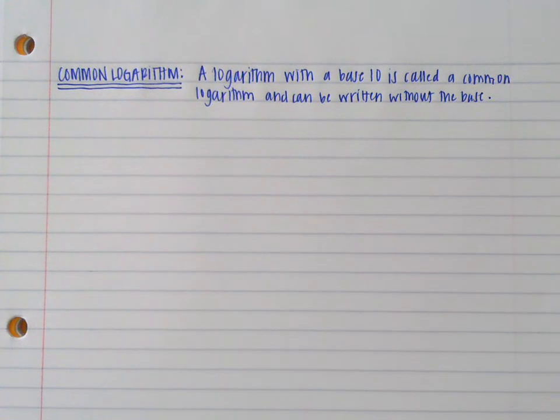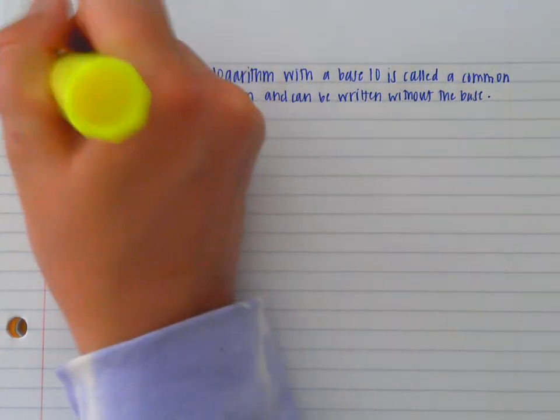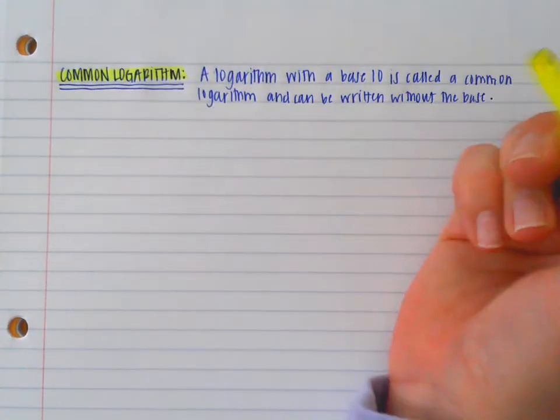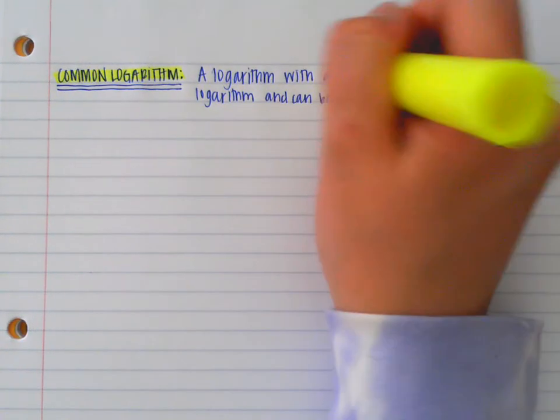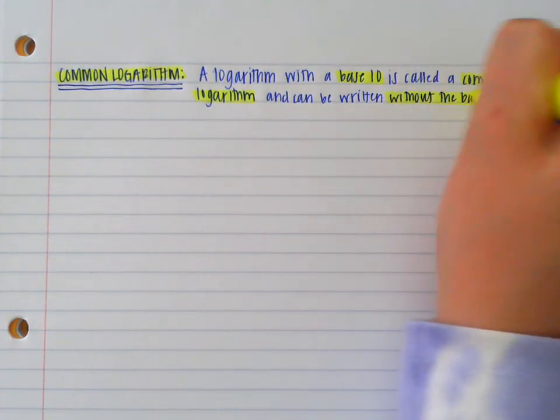Okay. So let's actually highlight some of that. So common logarithm, super, super important. So a logarithm with a base 10 is called a common logarithm and can be written without the base.